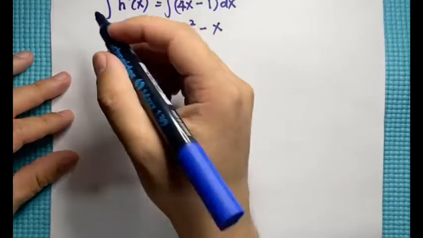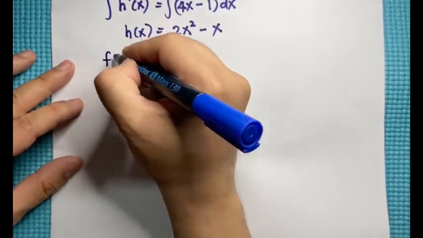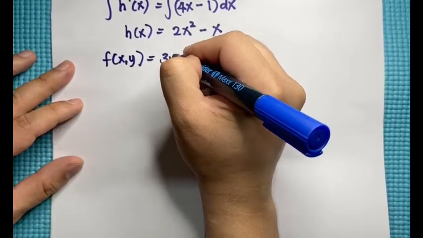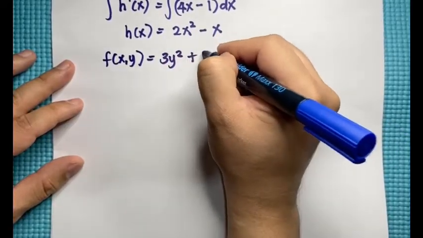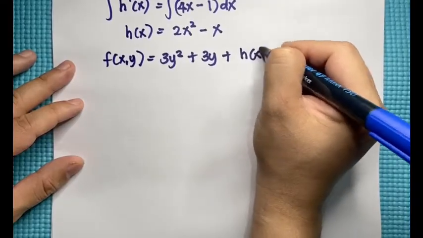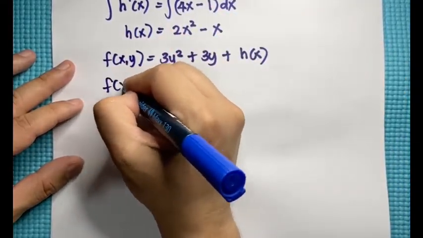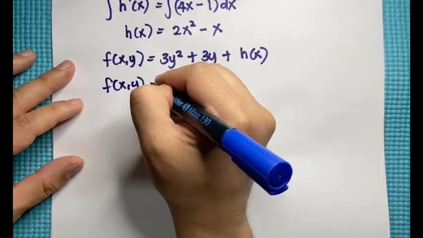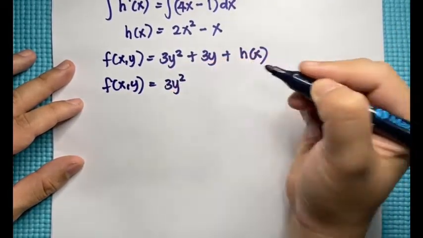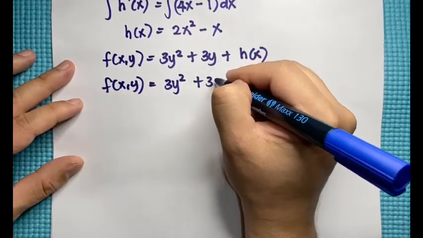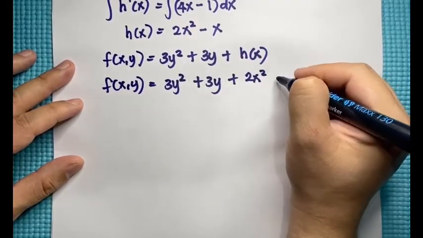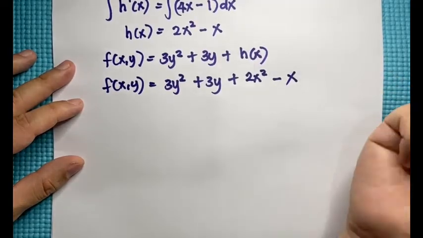But from our original f of xy, that is equal to 3y squared plus 3y plus h of x. So from there, f of xy would be equal to 3y squared plus 3y plus 2x squared minus x.